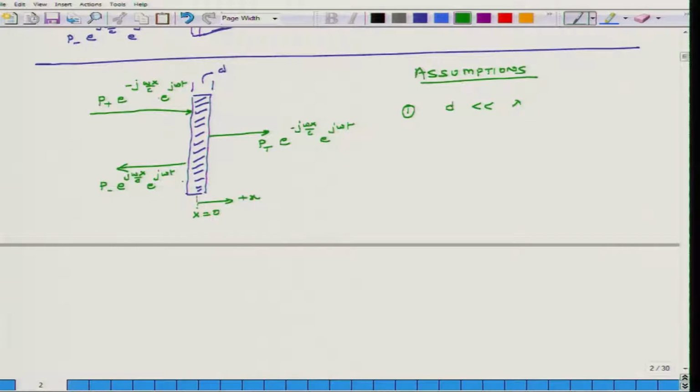When sound travels through the wall, it will take some time to travel from one side to the other, and over that period of time, the change in phase in the transmitted wave will be extremely small. If d was equal to lambda, then the phase difference would be 2 pi radians. If d was lambda over 2, then phase difference would be pi radians. If d was lambda over 4, then it would be pi over 2.